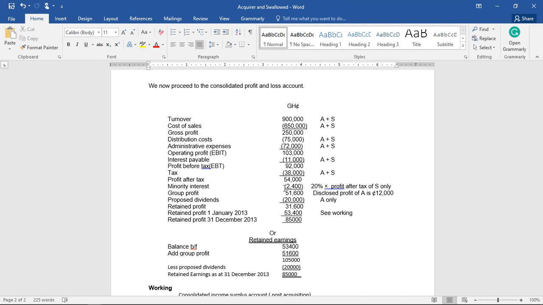The parent is saying that he has received 4,000 investment income, or it is in the account that there is an investment income received of 4,000. You must find out where that 4,000 is coming from.